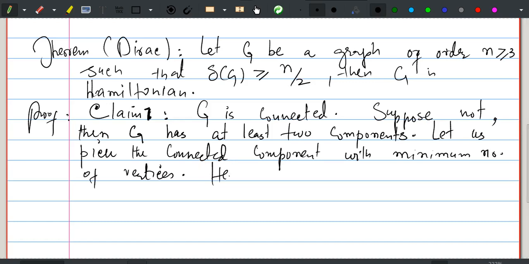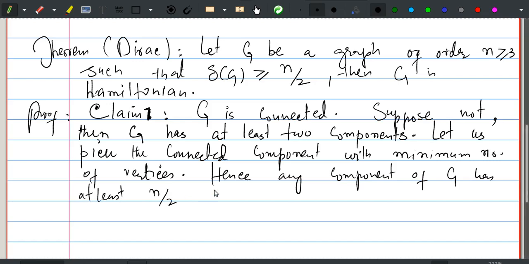Hence this component of G has at most n by 2 vertices.